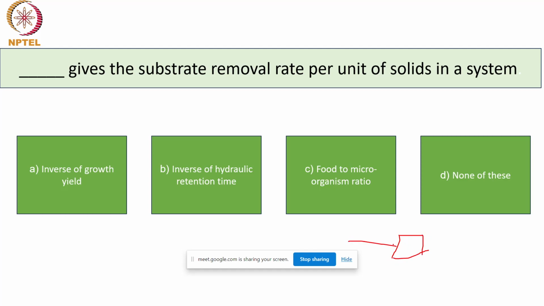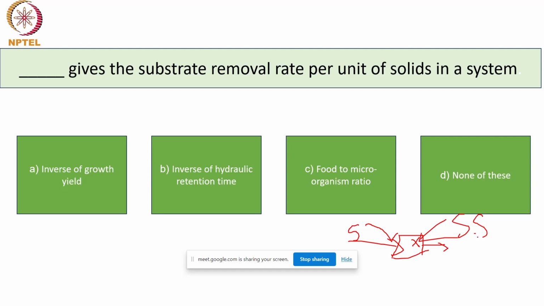So inside your reactor, what is happening is you are sending in some substrate and you are producing biomass, X will be here. So what you are sending is your substrate inside. Your substrate is getting consumed by the bacteria present inside the reactor to produce more solids. The bacteria will be suspended solids.